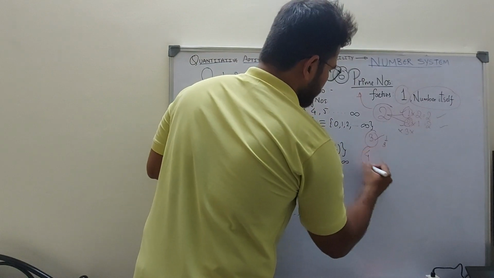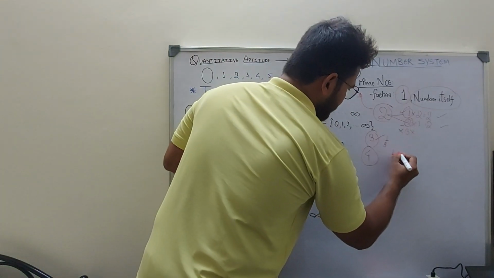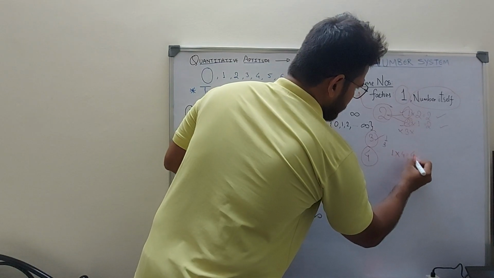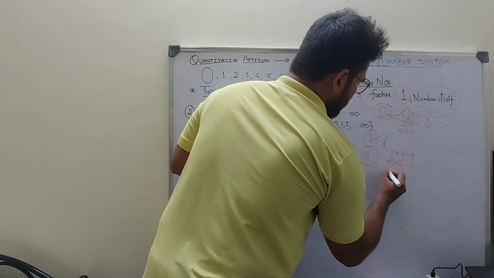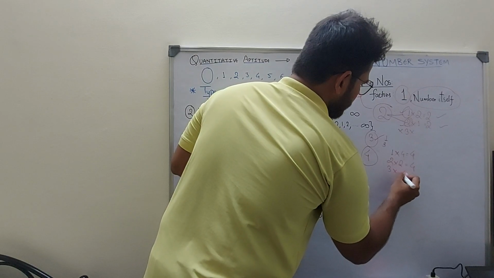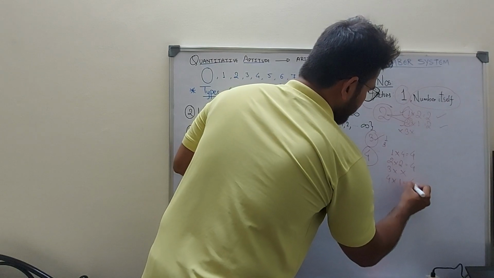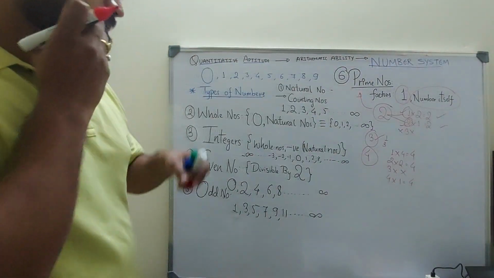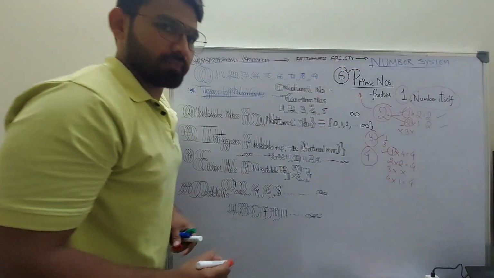Let's take 4 as an example. It will come in the 1 table. It will come in the 2 table. Will it come in the 3 table? No. Will it come in the 4 table? Yes. So over here, 1 is a factor, one condition met.